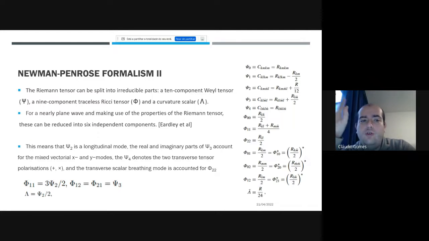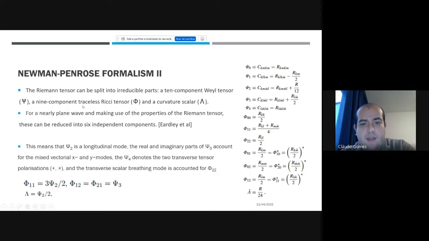moreover, we can look into the Riemann tensor. Remember that one of the most fundamental descriptions of curvature is given by the Riemann tensor, and we can decompose it into its irreducible parts, namely a Weyl tensor with 10 components, a traceless Ricci tensor with 9 components, and a scalar curvature.